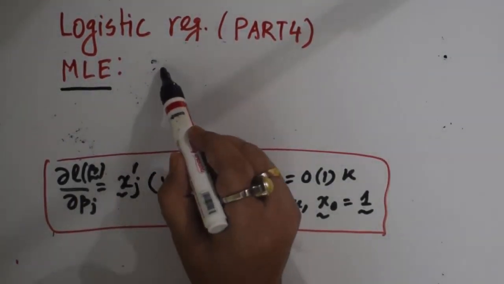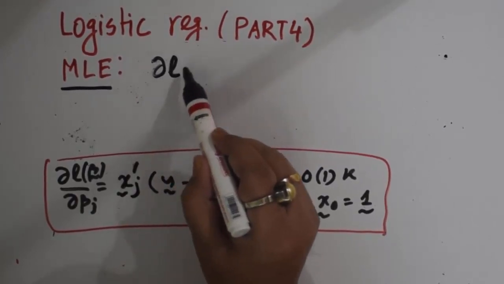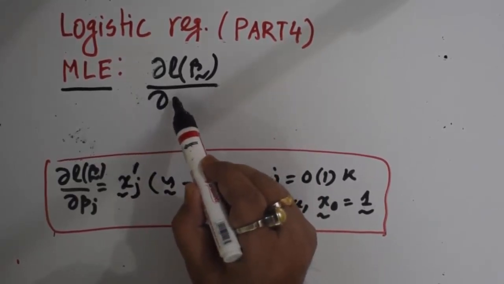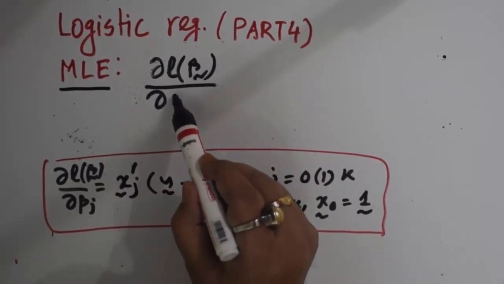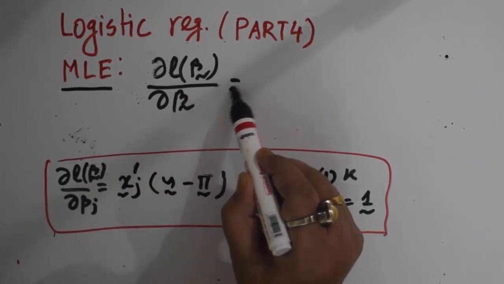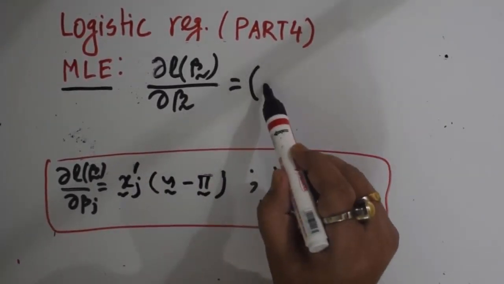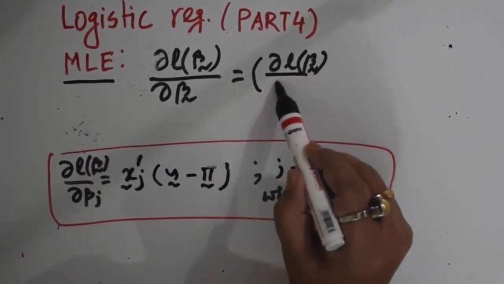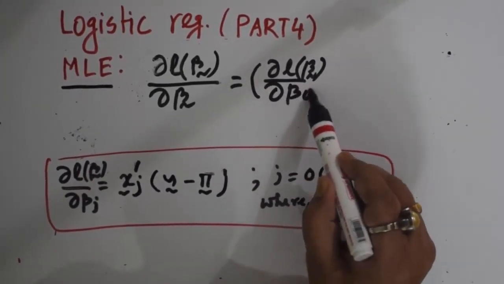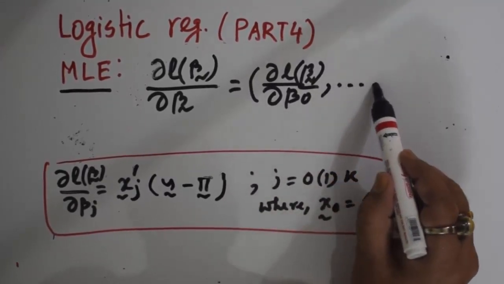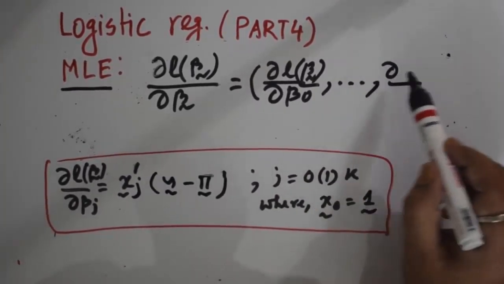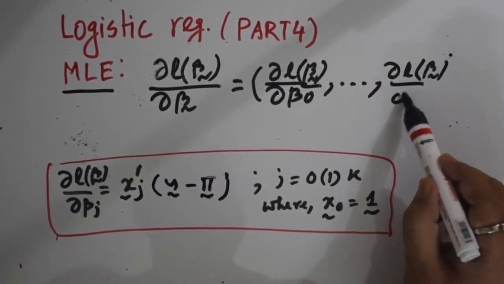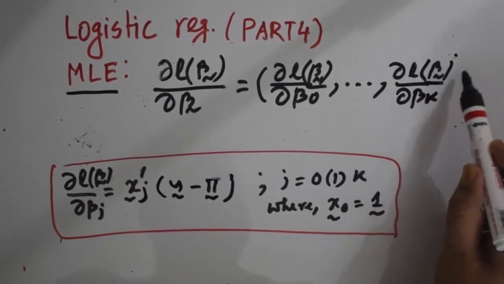Now the partial derivative of l of beta curl with respect to beta curl is equal to the partial derivatives with respect to beta naught, up to the partial derivative with respect to beta k, prime.